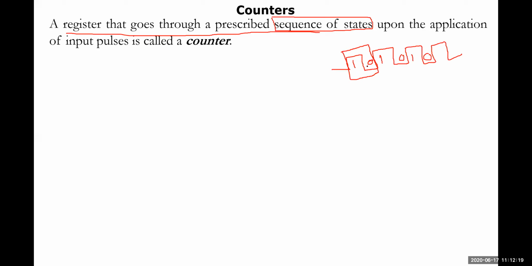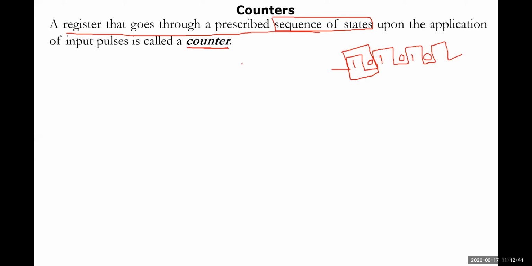To perform these operations, the register acts based on the states that exist with the clock pulse. Such an application is called a counter. So digitally speaking, that is a counter.